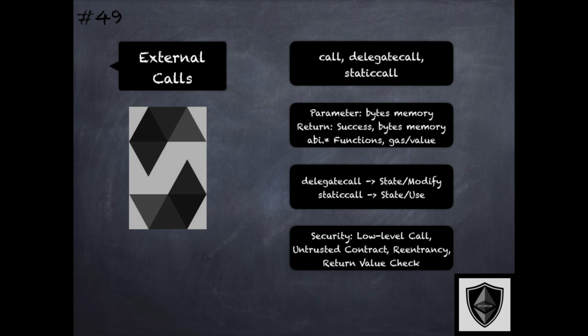These external contracts could result in undefined behavior, use more gas than expected, also cause reentrancies to the caller contract, and might also return failures where, if the return value is not checked, could result in undefined behavior as well.